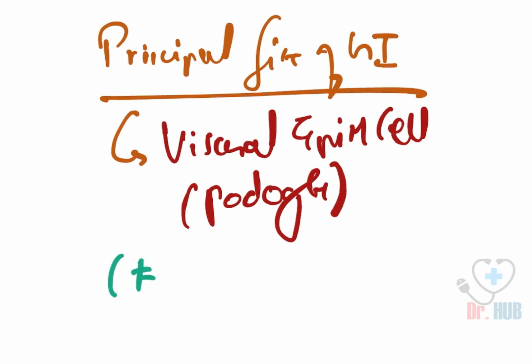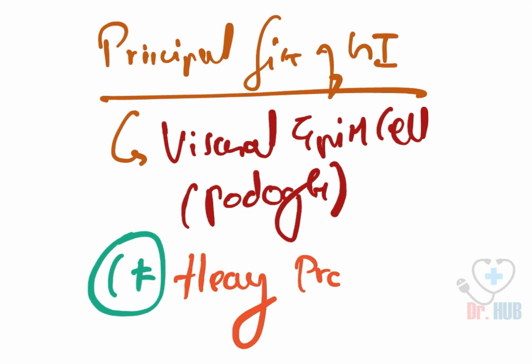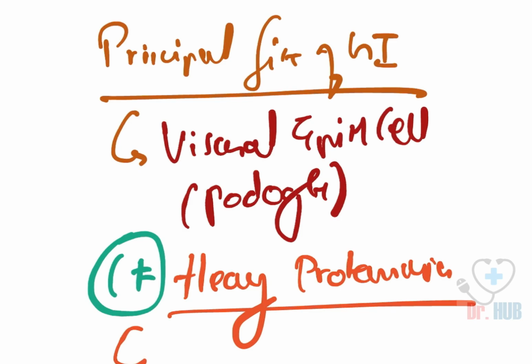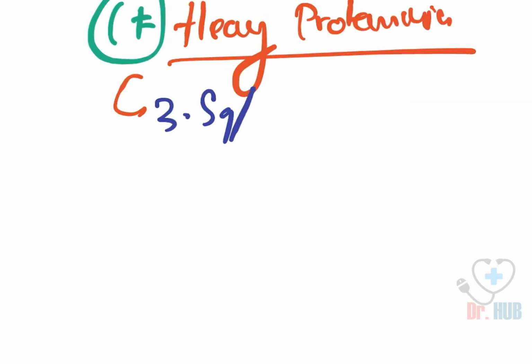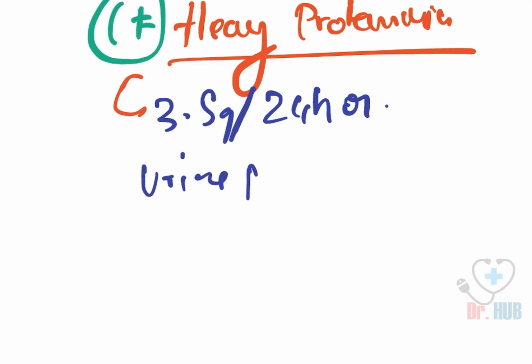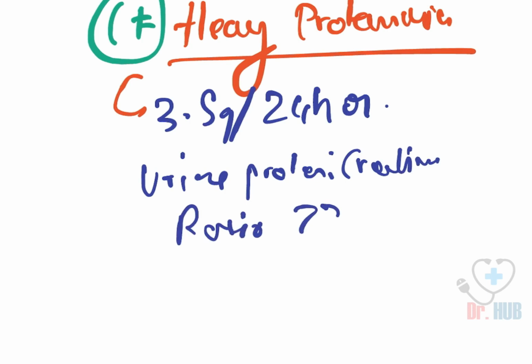Then we look at the clinical features of the nephrotic syndrome. The hallmark clinical features include heavy proteinuria, about 3.5 gram per 24 hours, or a urine protein creatinine ratio greater than 3.